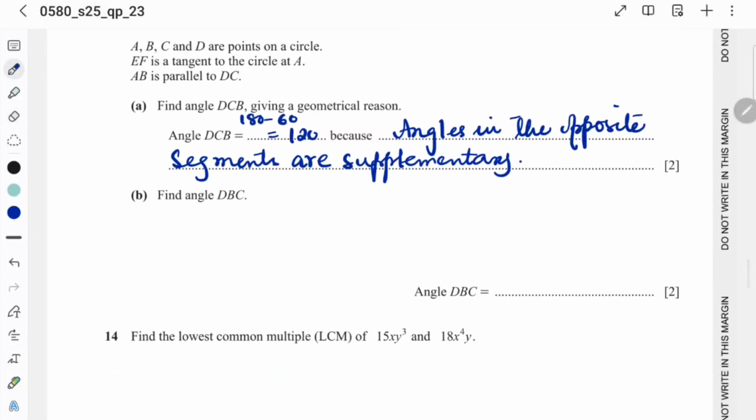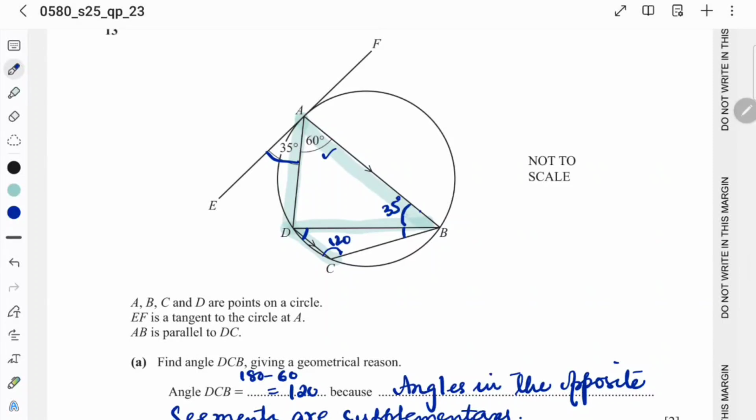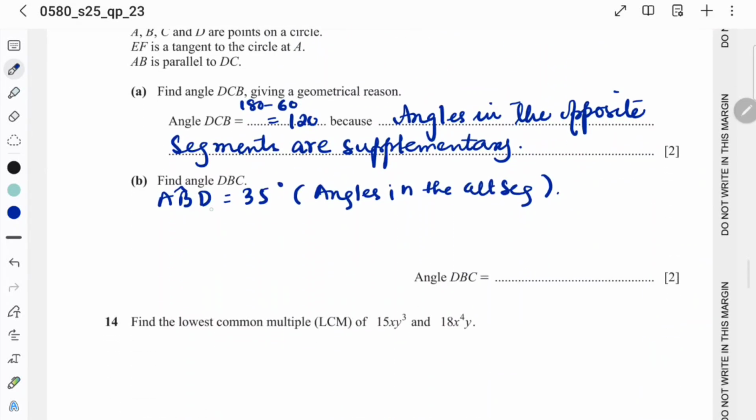So we can write ABD is equal to 35 degrees, because angles in the alternate segments are equal, remember. If ABD is 35, then considering the parallel lines, this is also equal to 35. Alternate angles, that is why BDC is 35.